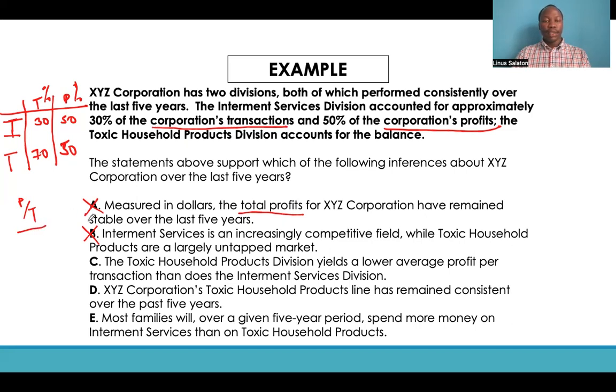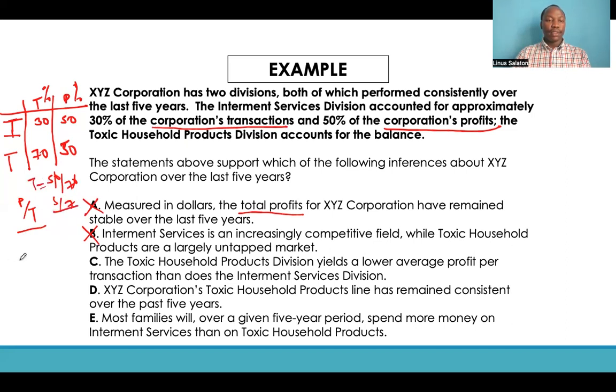The toxic household profit per transaction we can calculate by doing its contribution to profit over the transactions that department provides. So we have 50 over 70, which gives us 5 over 7 for toxic household products.